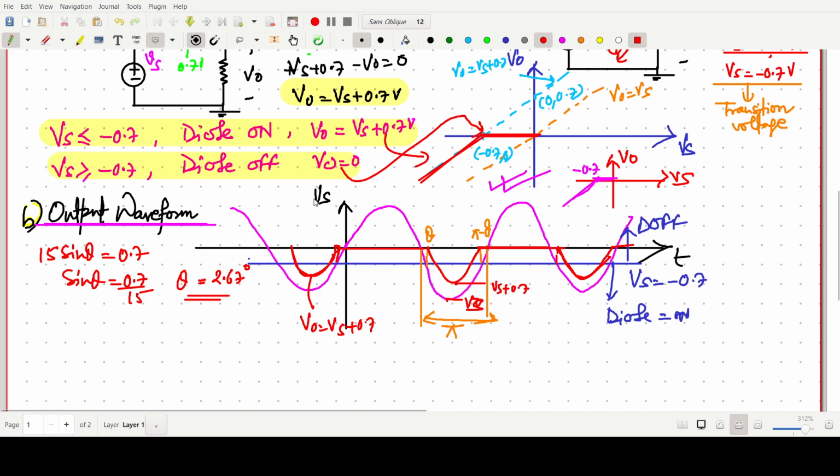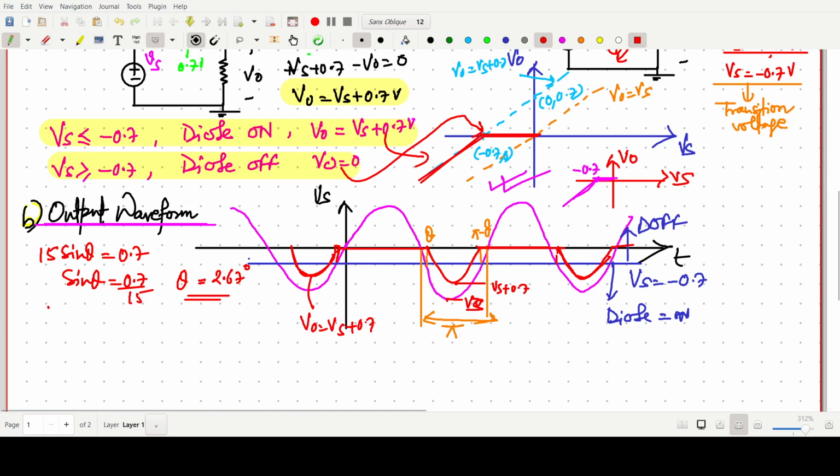The output waveform can be easily drawn by using this first, but every time you should try to draw this line. Before that it is on, so from this point to this point it will go like this. Like that we can draw the output waveform, and it will start from this end and end at pi minus theta.